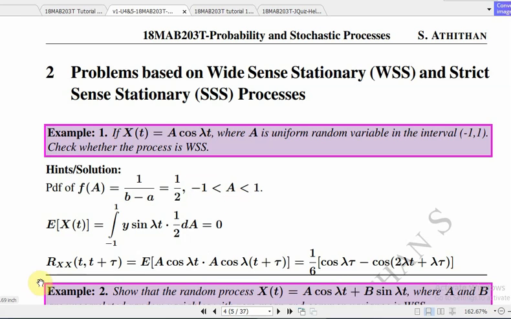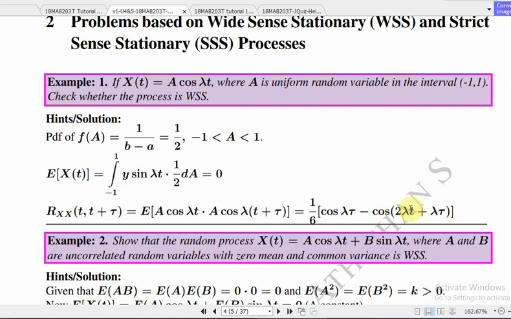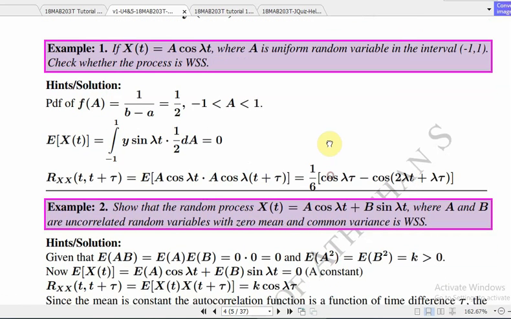To prove WSS, Rx of t comma t plus tau. The time difference will be t plus tau minus t, so that depends on tau only. So a cos lambda t into a cos lambda (t plus tau). If you integrate it, you will get this, but the value depends on t also. So it is not a WSS process.